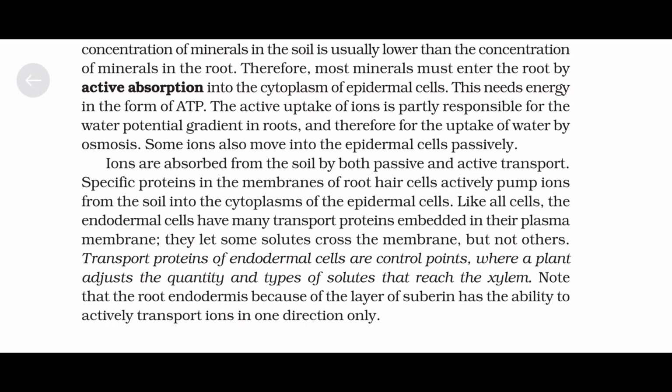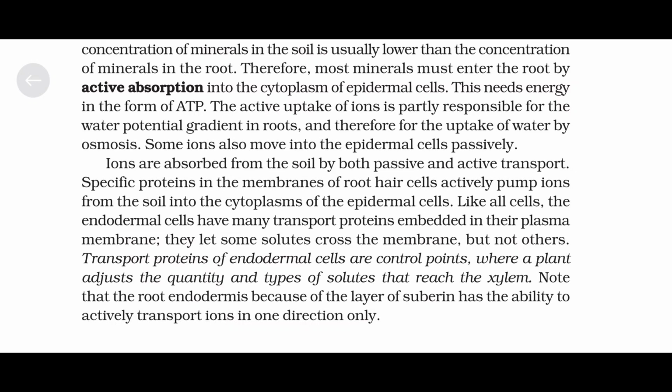Ions are absorbed from the soil by both passive and active transport. Specific proteins in the membranes of root hair cells actively pump ions from the soil into the cytoplasm of the epidermal cells. Like all cells, the endodermal cells have many transport proteins embedded in their plasma membrane.